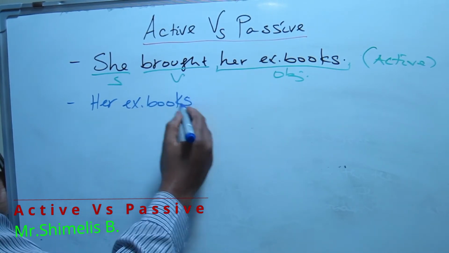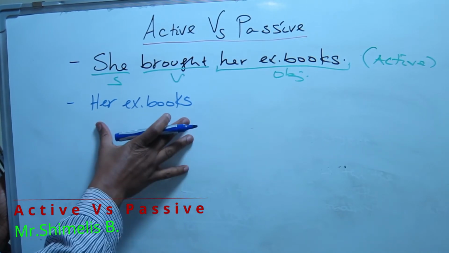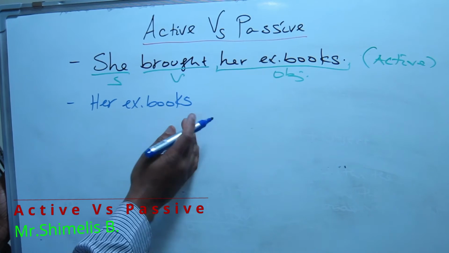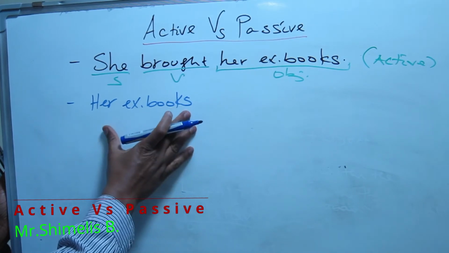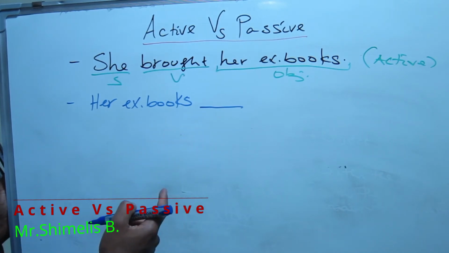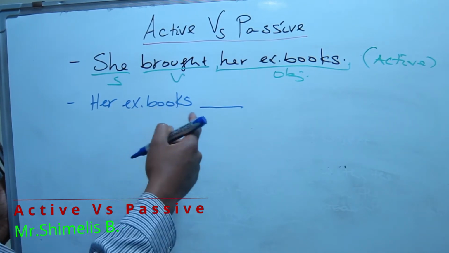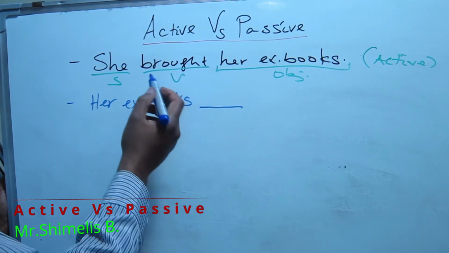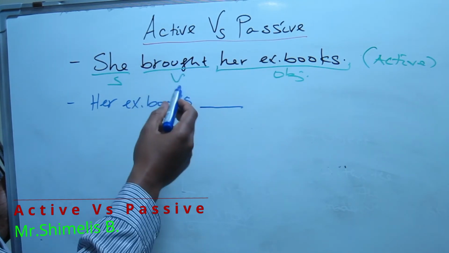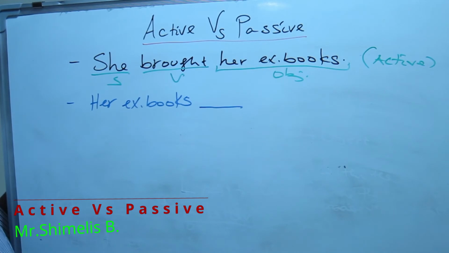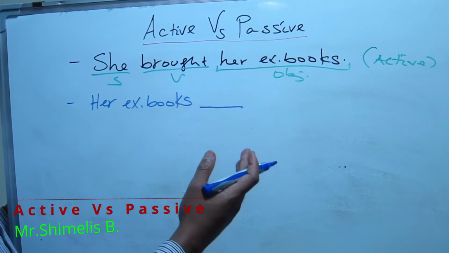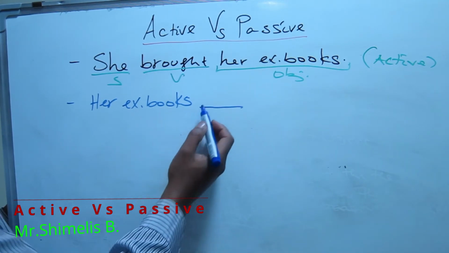Now her exercise books is a noun phrase. Is it singular or plural? As you can see, it is a plural noun, which makes the verb to be, which is about to come here, plural in number. As for its tense, we look at the main verb of the active, which reads brought. Brought is a past form of bring, which makes the verb to be past in tense and plural in number.